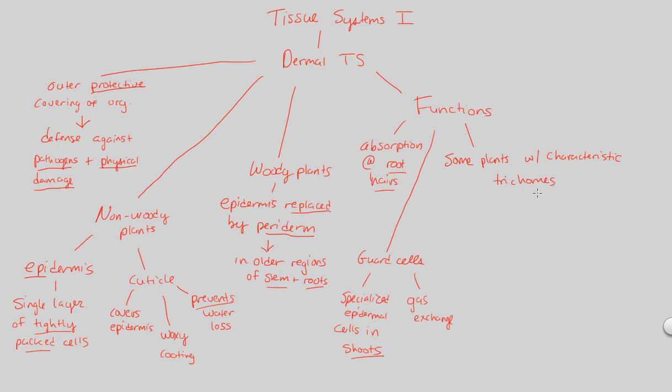Trichomes, I don't think that's how you say it. I think it's trichomes. These are also going to be specialized, so very well differentiated, in other words. Specialized epidermal cells, EC for epidermal cells, in the shoots, just like the guard cells, but they're going to have a different function, a different specialization than gas exchange.